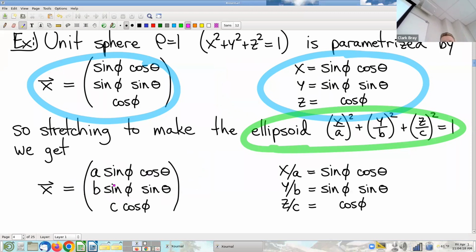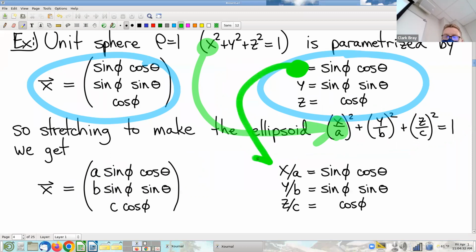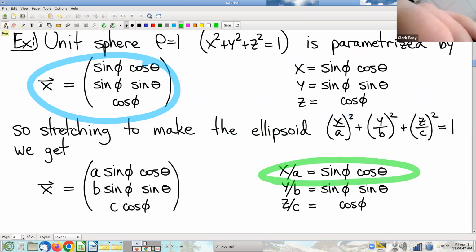Now, alternatively, you can also just literally do the same substitution. Here I replaced X with X over A. You could do exactly that same thing in the equation. You could say, I'm going to replace X with x over a. And it gets you to the same result. Keep in mind, this is giving me position x, y, z.